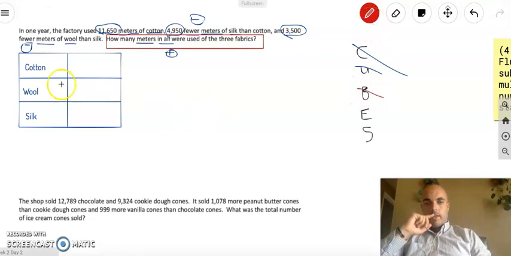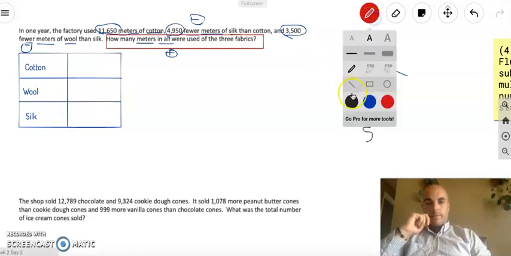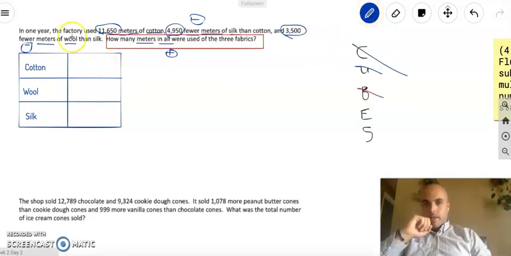All right, now let's begin working. So I can see that the factory used 11,650 meters of cotton. So I don't have to do any math to solve that. I can just plug that into my chart here. And the abbreviation for meters is just M. Great.